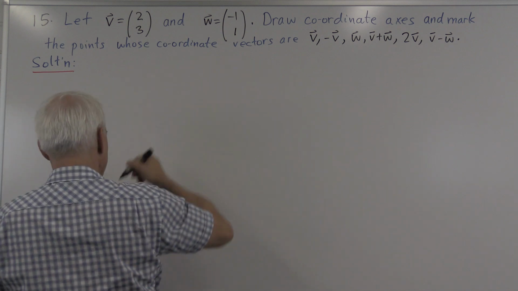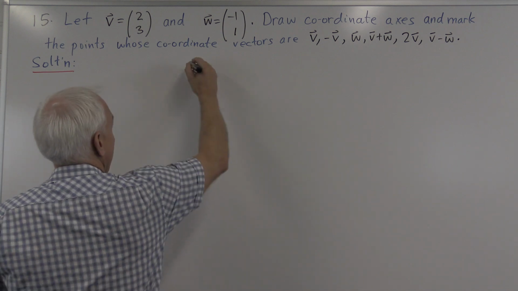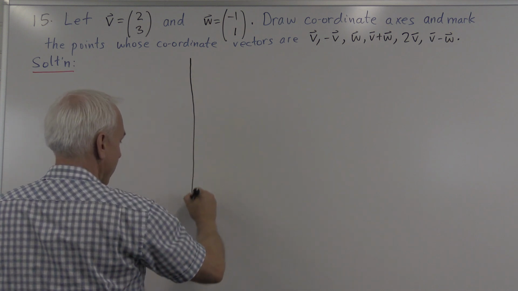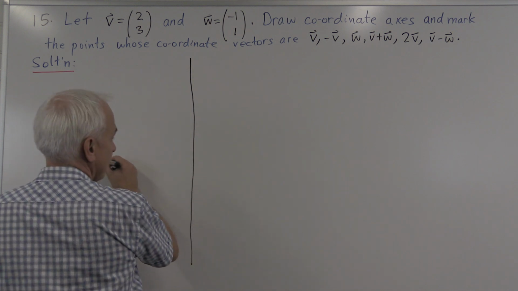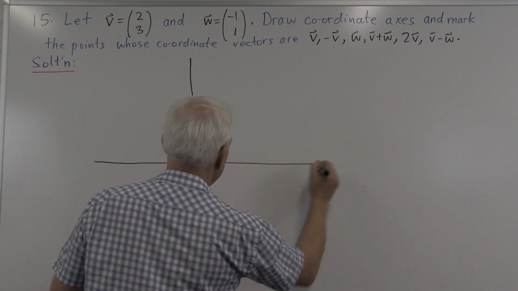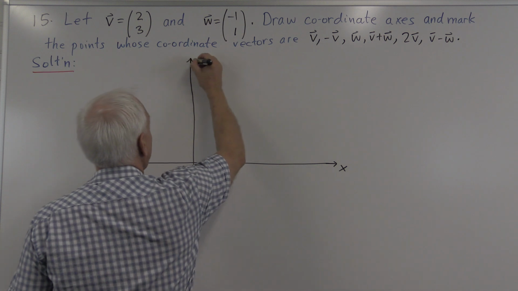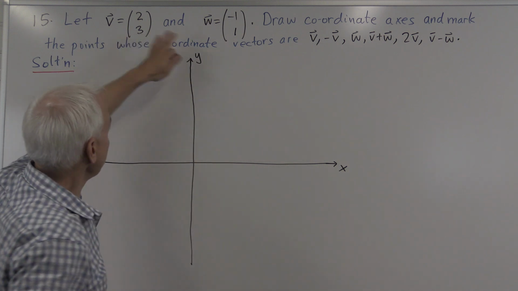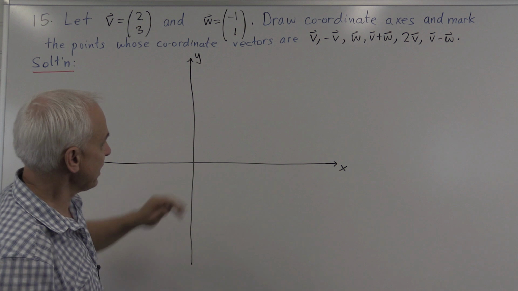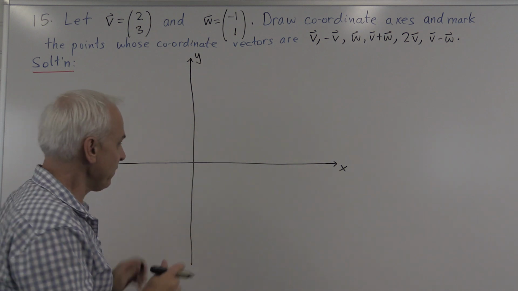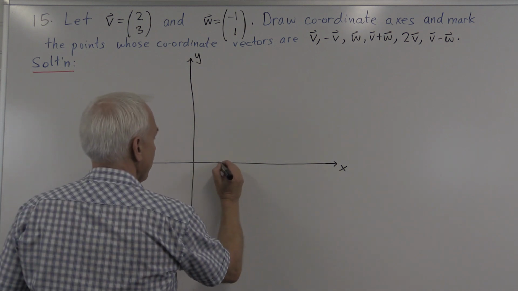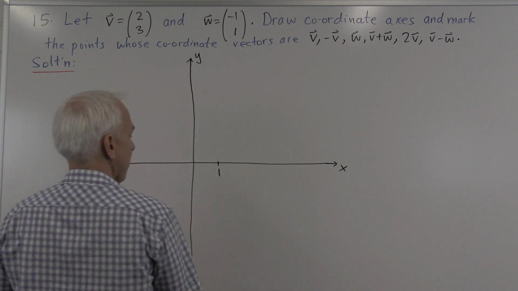All right, so let's start by trying to draw straight lines. Okay, that'll be the x. That'll be the y. We're looking at the vectors 2, 3, minus 1, 1. Those numbers are not too big, so we don't need too fine a scale. Perhaps we'll put 1 about there.